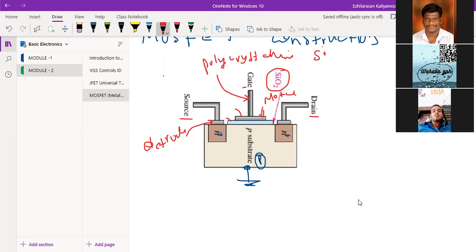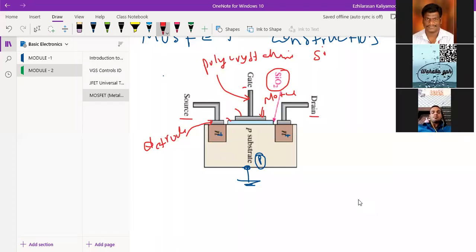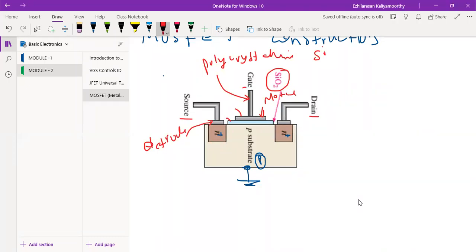MOSFETs are voltage controlled devices. Just keep it in mind, the MOSFET is a voltage controlled device, same as a JFET. Even JFET is also a voltage controlled device only.